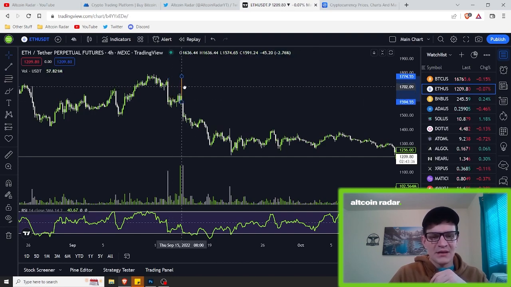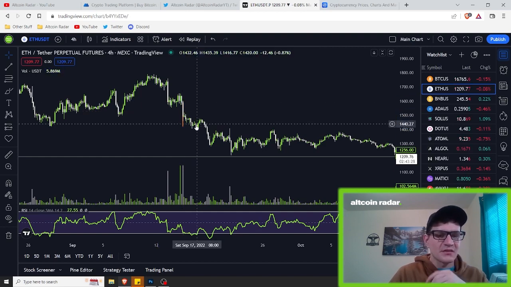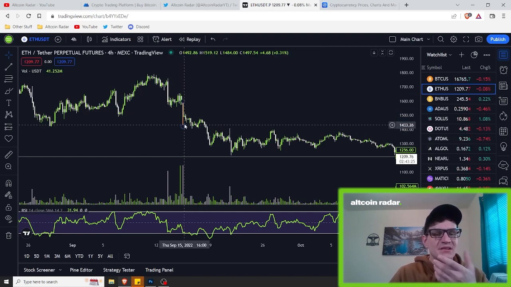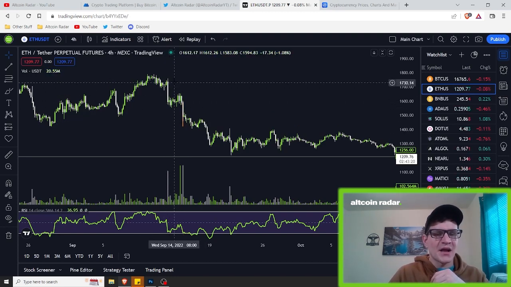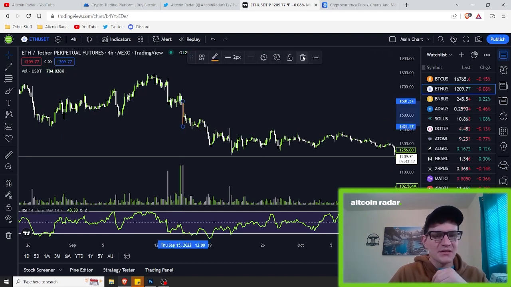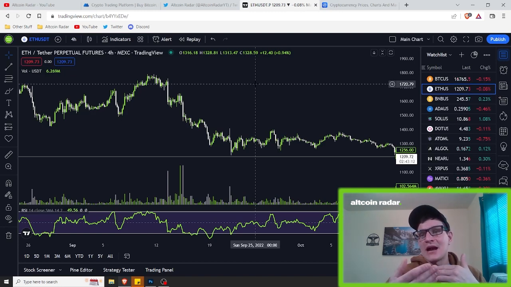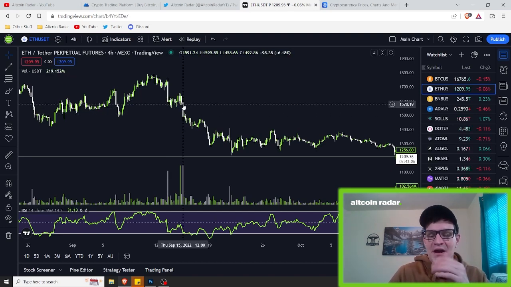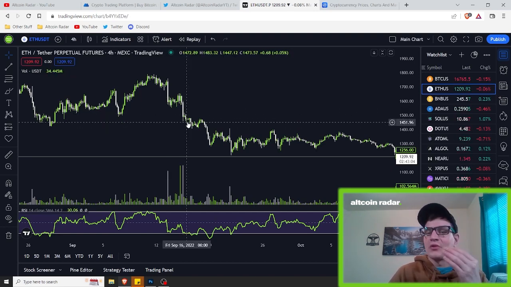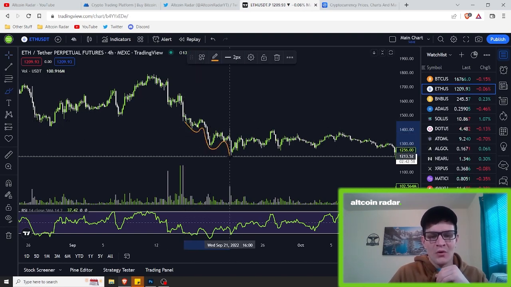And then I would take this line and put it right at the level where this next one opened up or started, which as you guys can clearly see, it's not perfect, but it did go down quite a bit, almost to the exact same level as the amount that this first flagpole went down, okay? So that's pretty much what I was talking about when I said that you can measure the first flagpole to figure out how far down the next flagpole could potentially end up going. That final flagpole did end up going down pretty far, but overall in the grand scheme of things, it went down more and more.